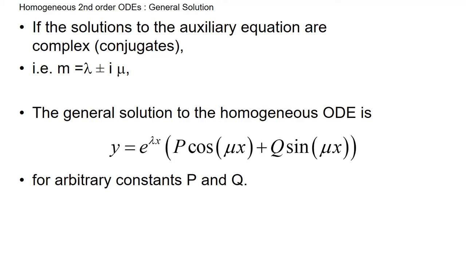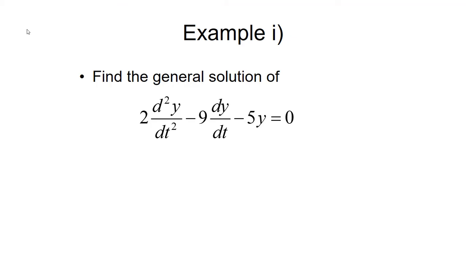Let's have a look at a couple of examples. The first example here, twice the second derivative minus 9 times the first derivative minus 5 times the function is equal to 0. And we notice we have y as a function of t. So let's go ahead and try to solve this equation.